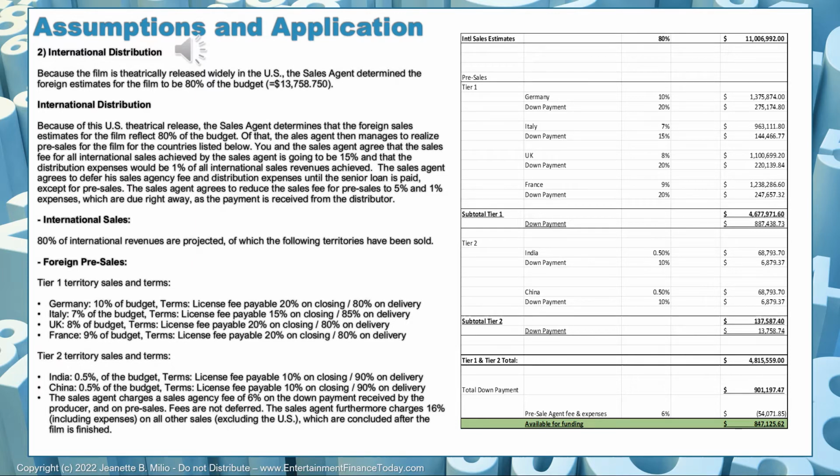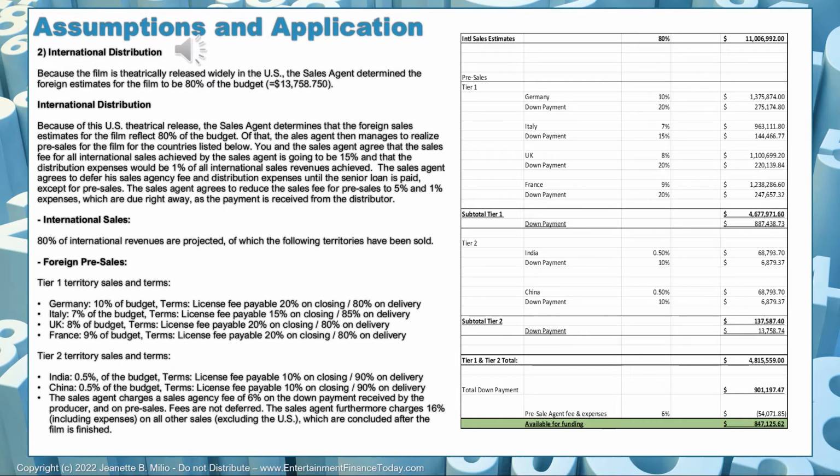Now, next step, we are now actually doing some sales. We're entering into some pre-sales and selling some of these distribution rights before the movie is finished. In this particular example, we're selling license rights to Germany, Italy, the UK, France, India, and China.